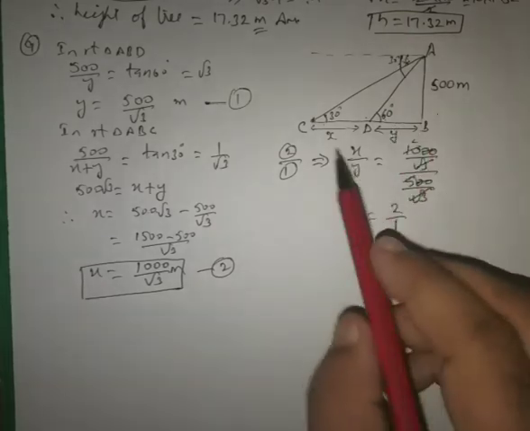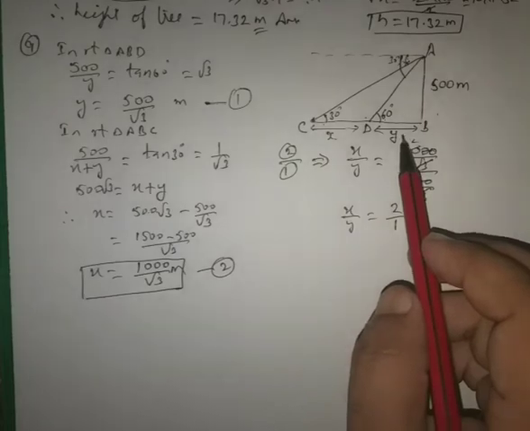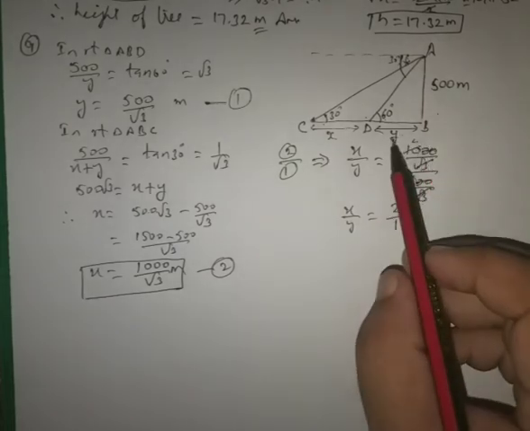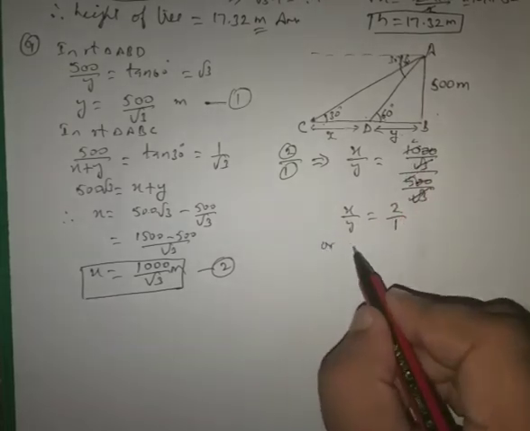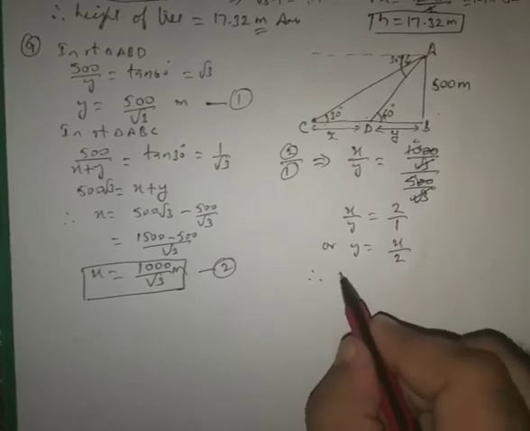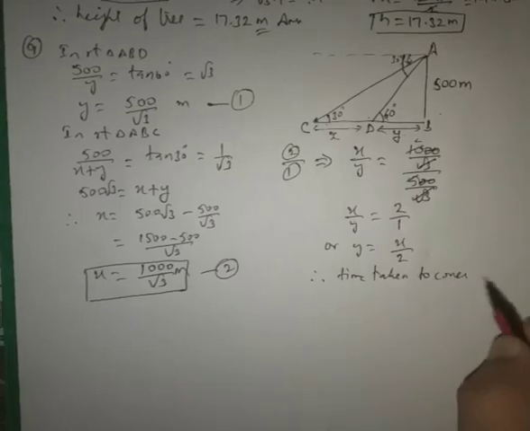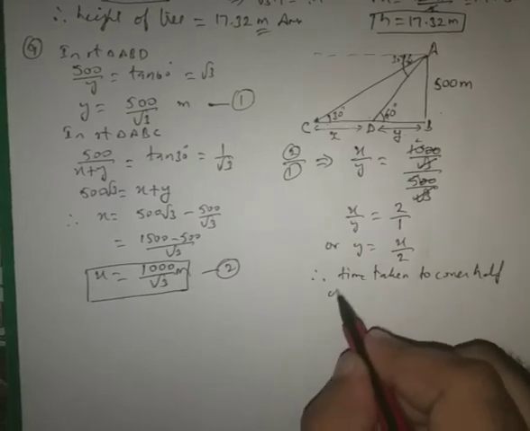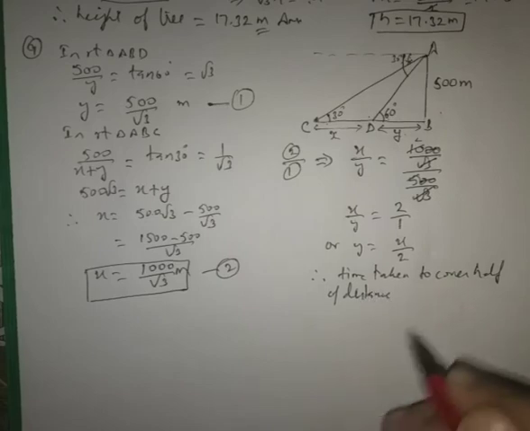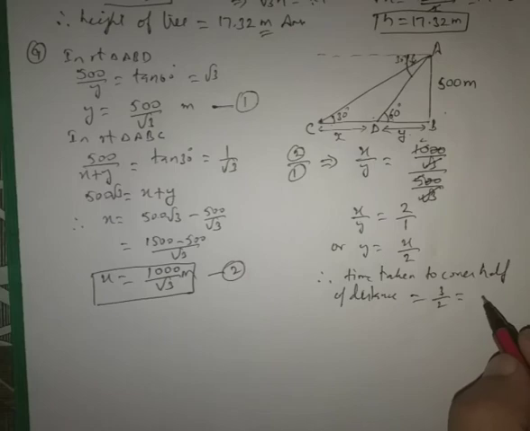Since X is twice that of Y, or we can say that Y is equal to X over 2, the time taken to cover half of the distance will be equal to 3 over 2. So that is equal to 1.5 minutes.